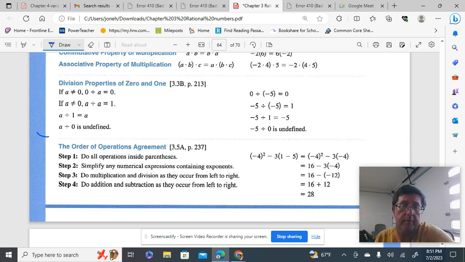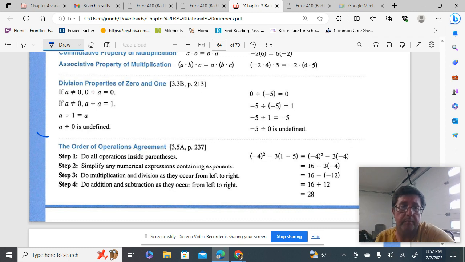So, division property of 0 and 1. If you take 0 divided by a, it equals 0. 0 can be divided by a number, and it's always going to be 0. If you try to divide a number by 0, it's always going to be undefined, or your calculator will say error, because you can't divide a number up into 0 pieces.